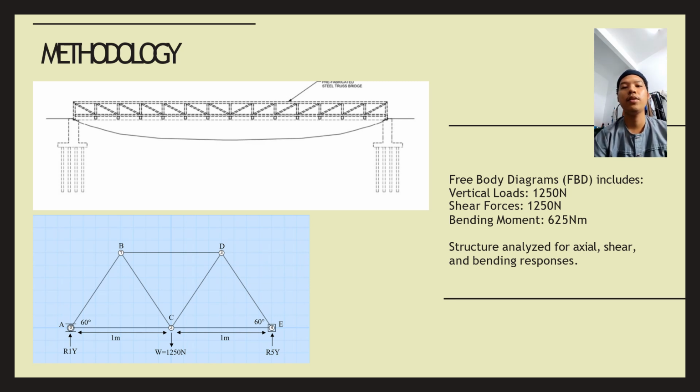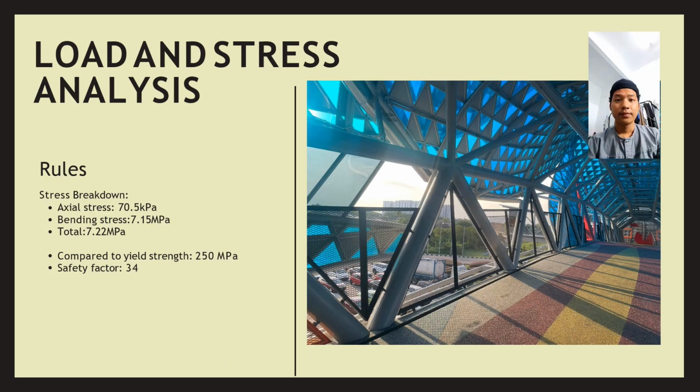Using these values, we analyze how the structure responds to the different types of loading, including axial force, shear force, and bending force. For the next, the load and stress analysis.